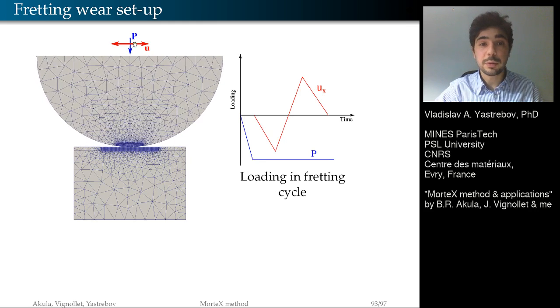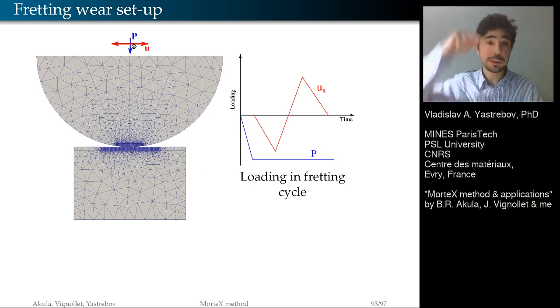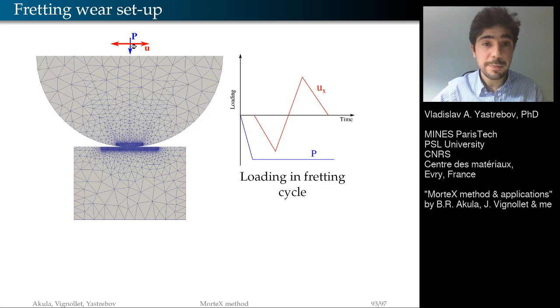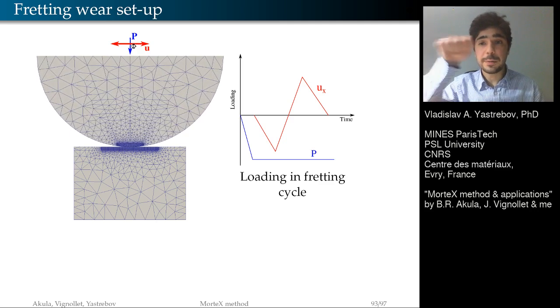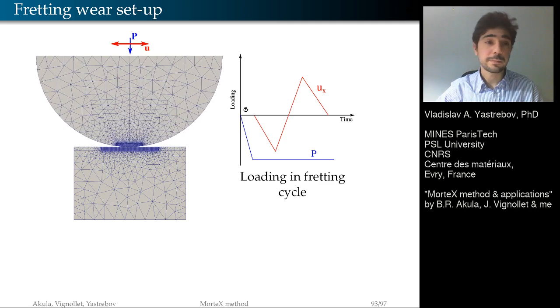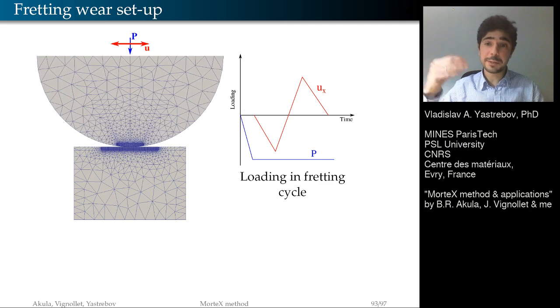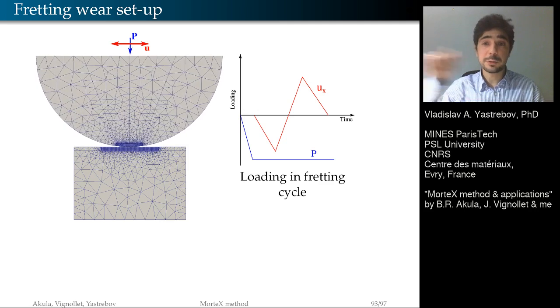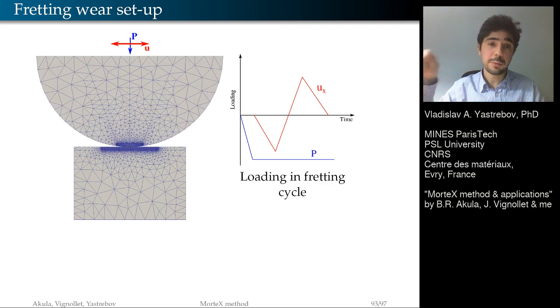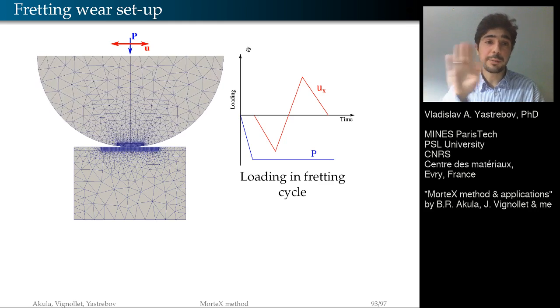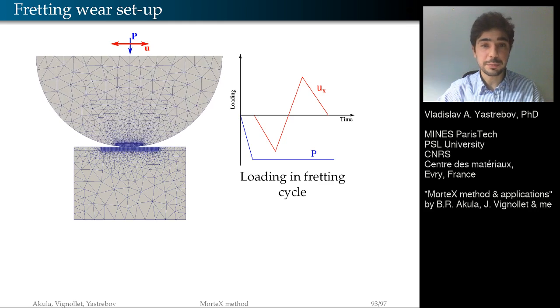The loading is the following: we squeeze it down with a constant force P, and we apply a reciprocal displacement U. Okay, and we do many cycles. After a few cycles, we update the geometry, we propagate the embedded surface, and we solve the problem again. Propagate, solve the problem again, and so on. So the wear update is separated from the simulation.